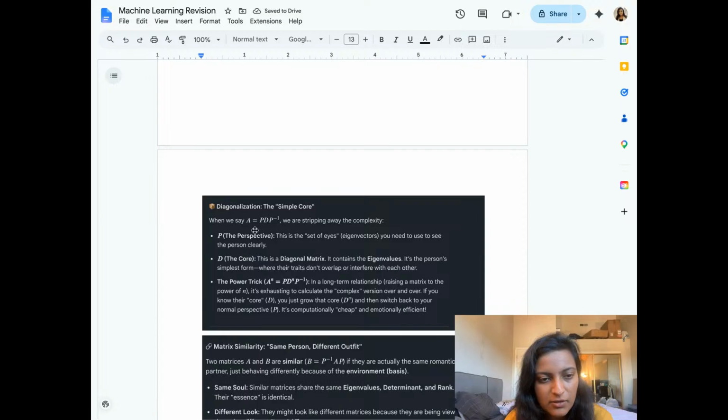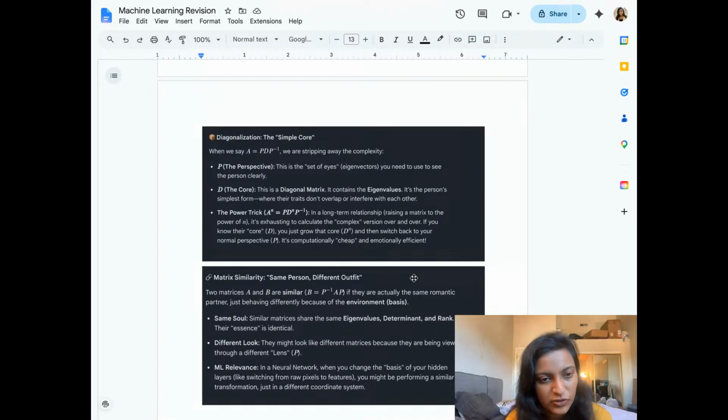Here is the formula. There is perspective and the core. P is the set of eyes, the eigenvectors. You need to see the person clearly. D is the diagonal matrix. It contains the eigenvalues. It's the person in their simplest form, where their traits don't overlap or interfere with each other.